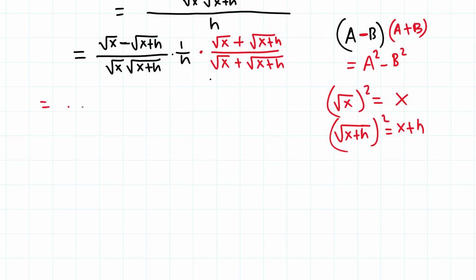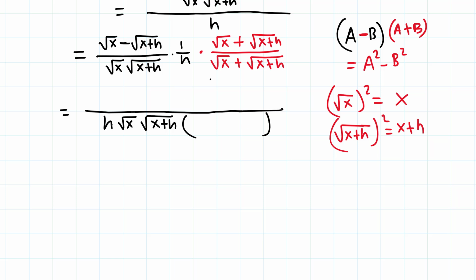Now there is no issue on the bottom, so h is a factor. Let me put it in the front, h times root x plus h, and then plus means we need to put parentheses around, because this is one factor, and one more, which is this on the bottom, root x plus root x plus h.